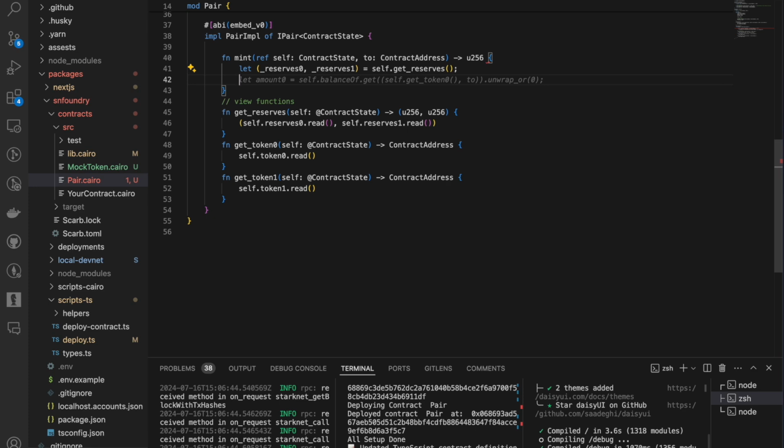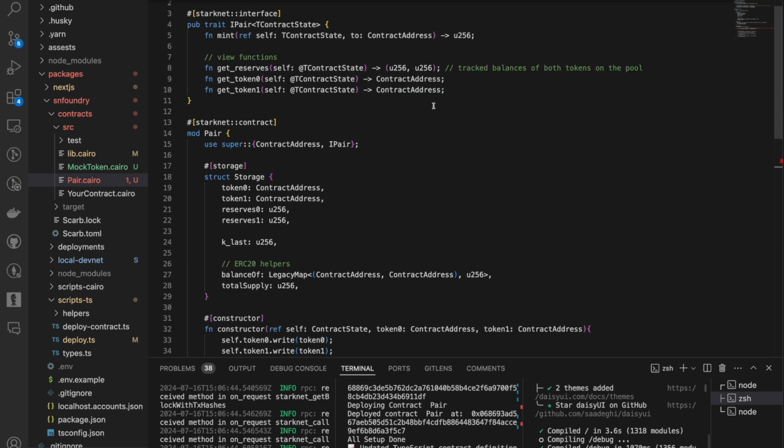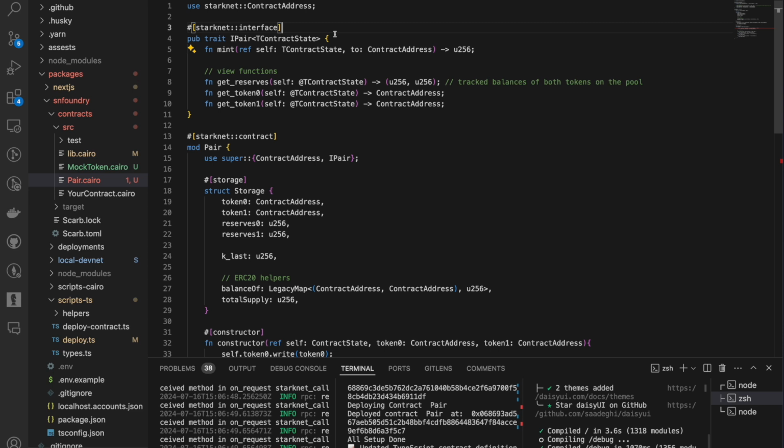The next thing that we have to do is we need to read the balances, and for that we will need to import on our contract here in the dependencies the dispatcher for ERC20. So let's do that. Importing the token interface, then the ERC20 camel dispatcher and the ERC20 camel dispatcher trait.